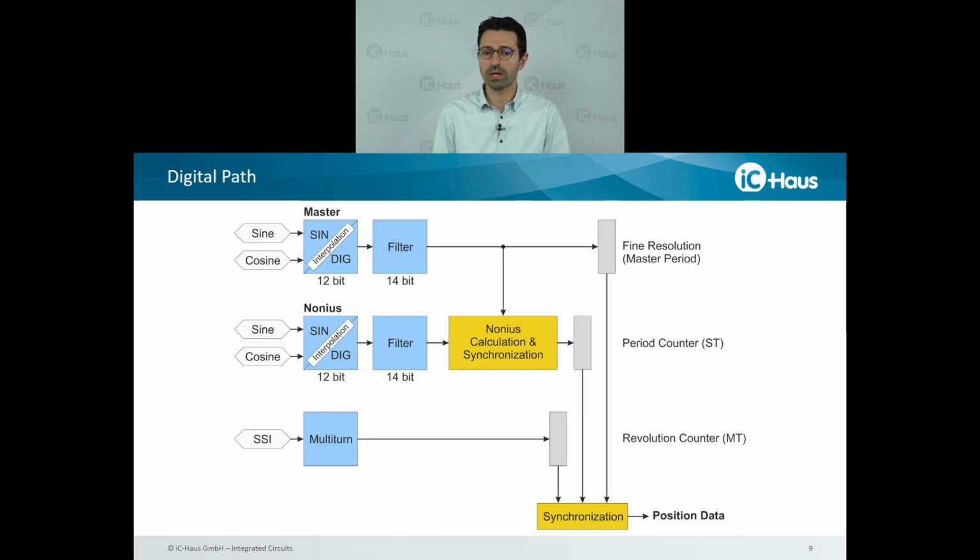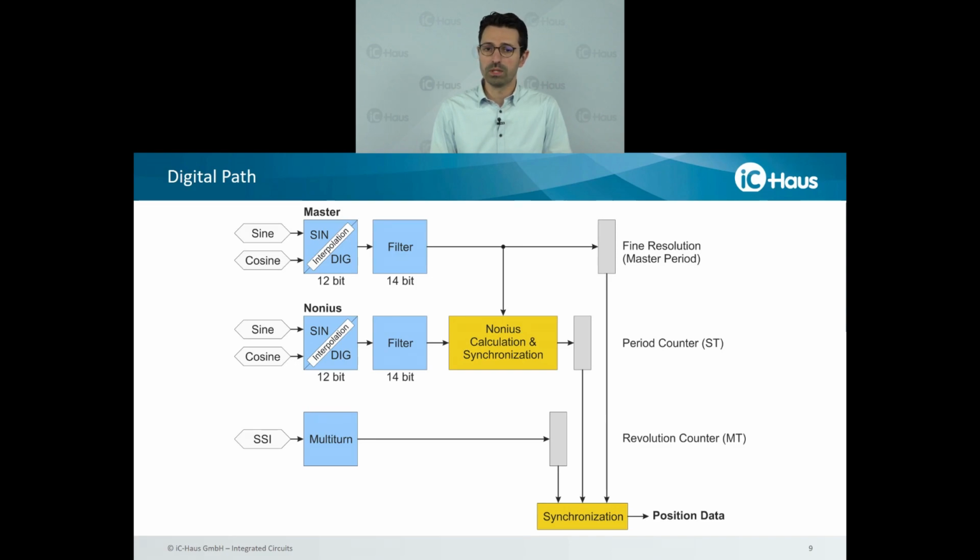For the nonius track, there is a nonius calculation and synchronization using the master and the nonius information to get the correct period count value. Then we have an optional multi-turn, which we can read in via the SSI interface, and this I would call a revolution counter. These 3 parts of a position word are synchronized, and then we have the internal absolute position.